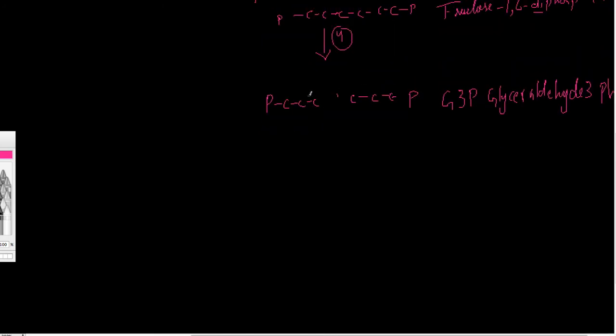So I'm just going to pick one of these molecules. Let's pick this one. So in this part, you're in step 5 right now, right? Yeah, we are in step 5.